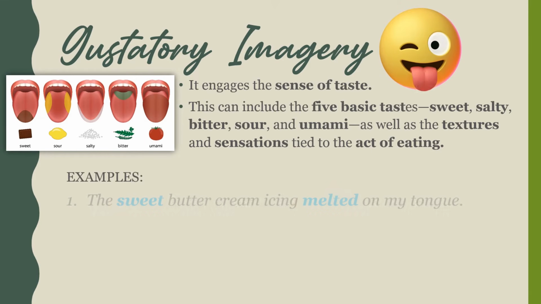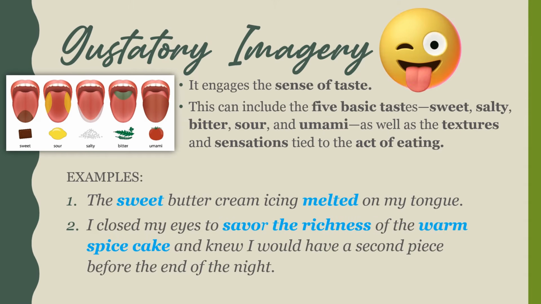For example, the sweet buttercream icing melted on my tongue. In this sentence, sweet describes how the buttercream tastes, while melted describes the sensation while eating it. Simple, right? How about example number 2?